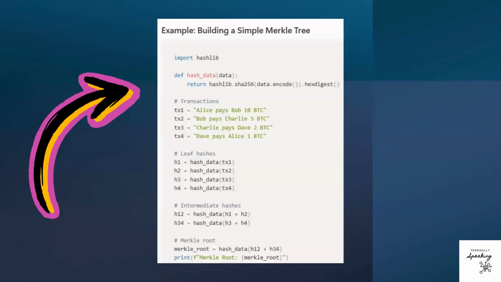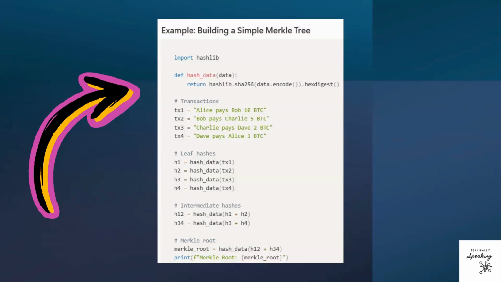Here's an example code of building a simple Merkle tree. As you can see here, we have our importing of the hash library. We're defining a function to hash data, where it converts the string to bytes and returns the hash as a hexadecimal string.